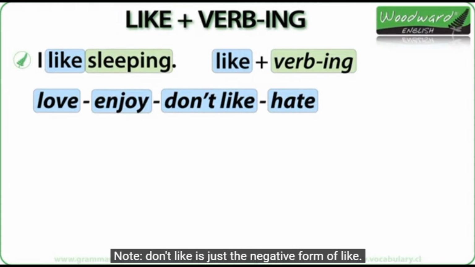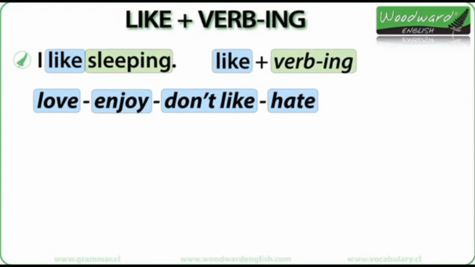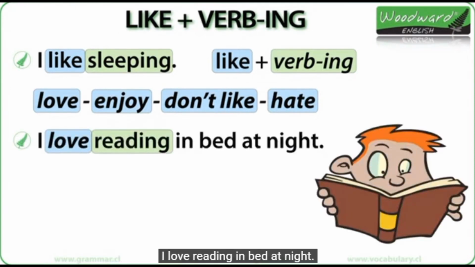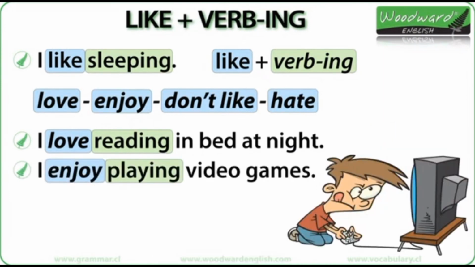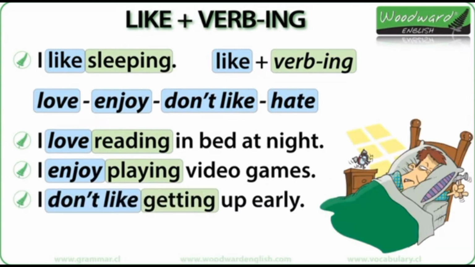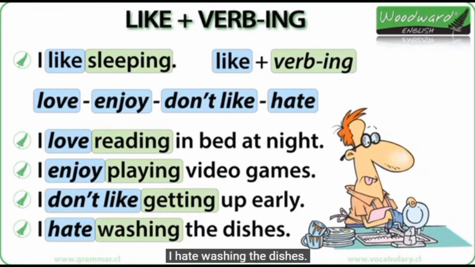Note, don't like is just the negative form of like, right? Example, I love reading in bed at night. I enjoy playing video games. I don't like getting up early, in the negative.